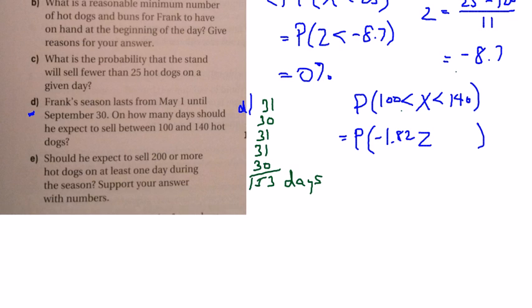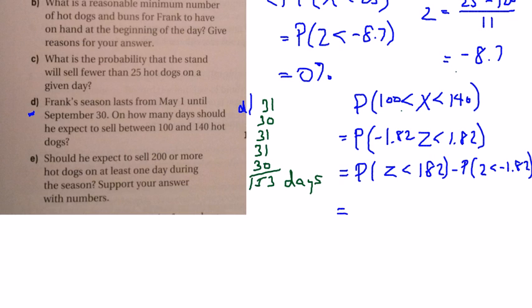You notice I did 2 decimal places because that's what I can look up on my table, and positive 1.82. So if I look up negative 1.82, actually I'm going to go ahead and split this up into 2 things here. We're going to find the probability that z is less than 1.82, that's the big number, and subtract from that the probability that z is less than negative 1.82, running out of space.